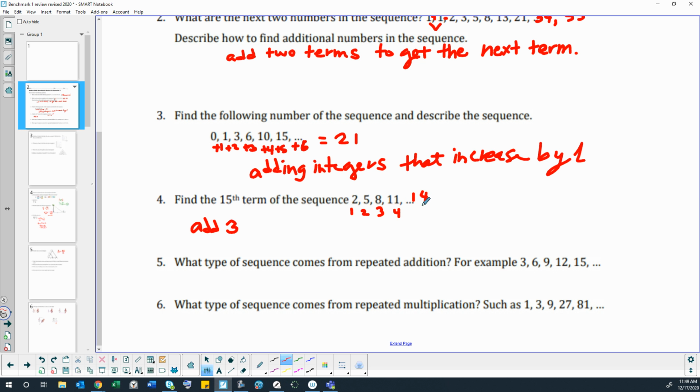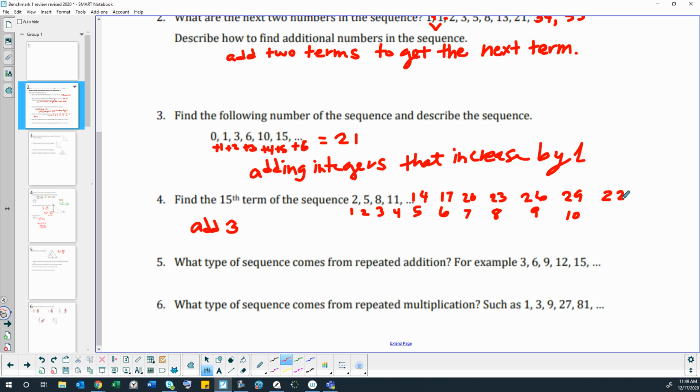So 11 plus 3 is 14. That gives us our 5th number. We can just keep adding 3 if we want. 17 is our 6th number. 20 is our 7th number. 23 would be our 8th number. 26 would be our 9th number. 29 would be our 10th number.